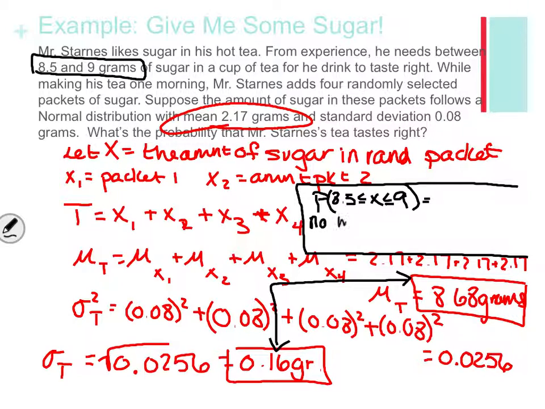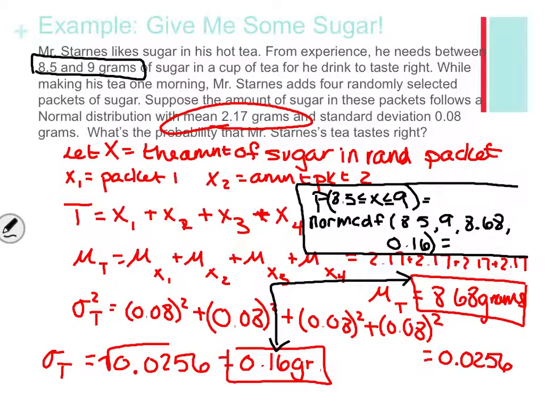I'm going to use normalcdf with my lower bound, my upper bound, my mean of the 4 combined packets, and my standard deviation of the combined 4 packets, which was 0.16.